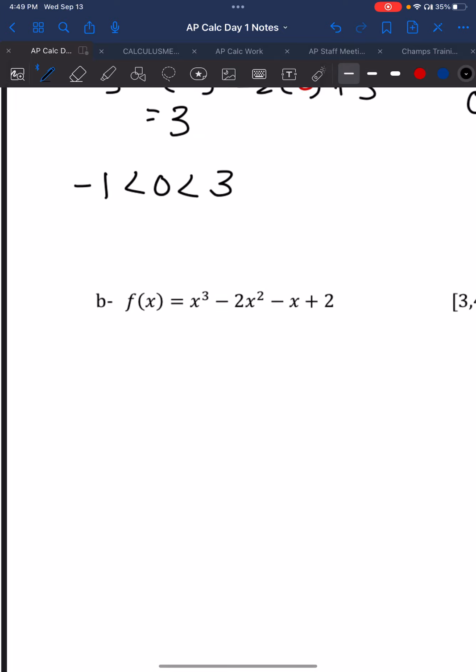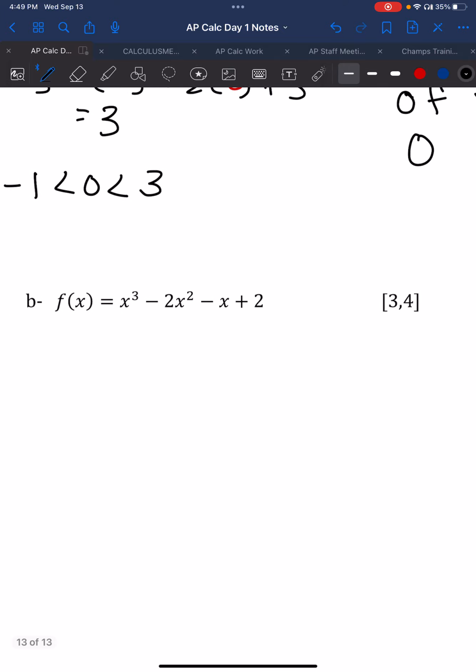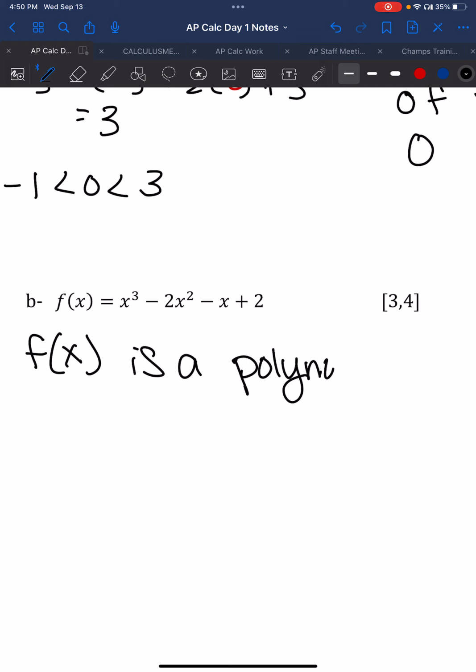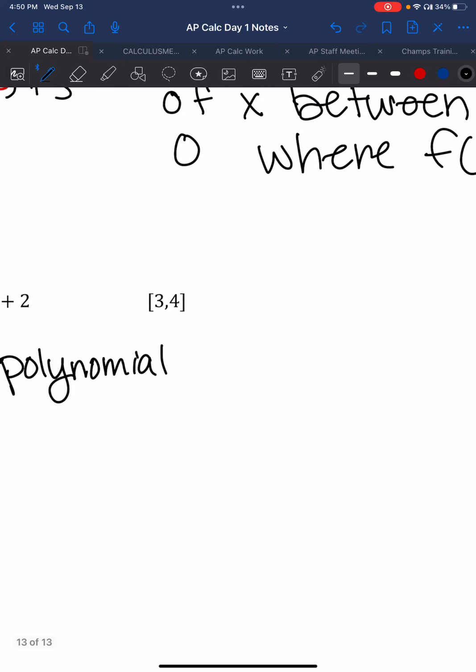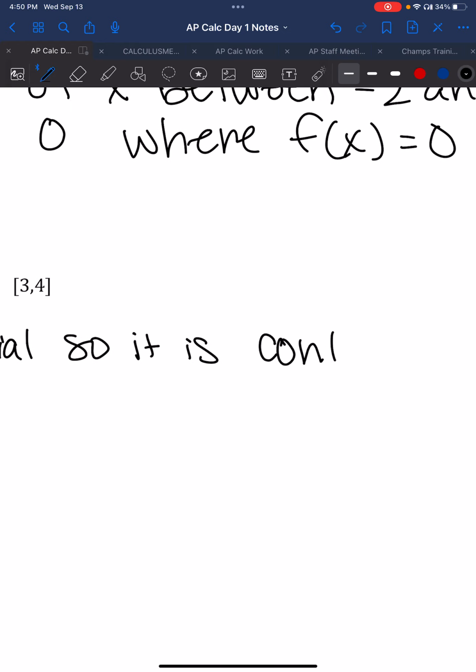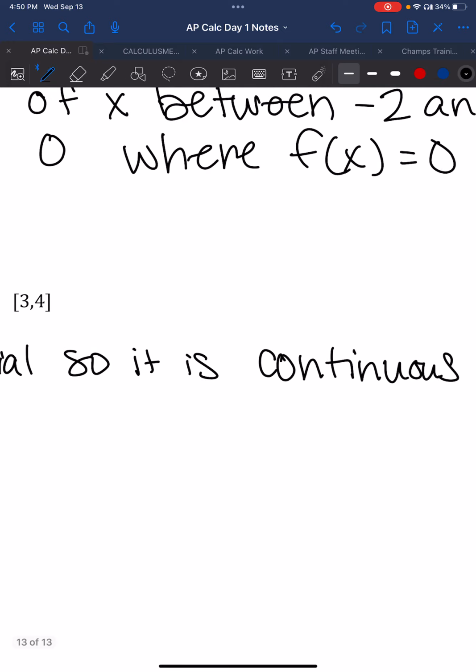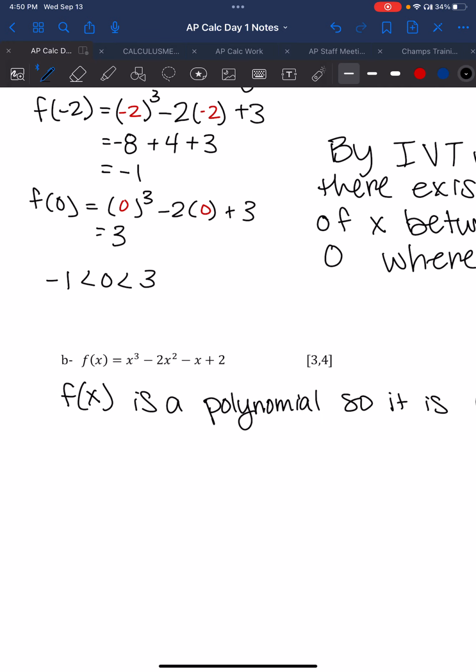Okay, our last one. f of x is equal to x cubed minus 2x squared minus x plus 2. Thankfully, this is also a polynomial, so this function is continuous. Okay, so we need to plug in our two endpoints, f of 3 and f of 4. This one takes a little bit more because there are more x values.